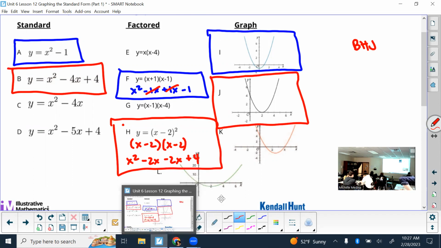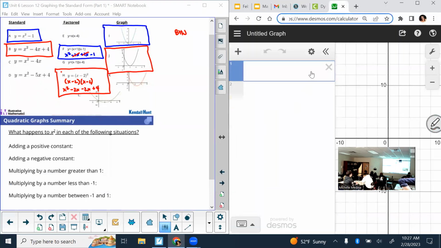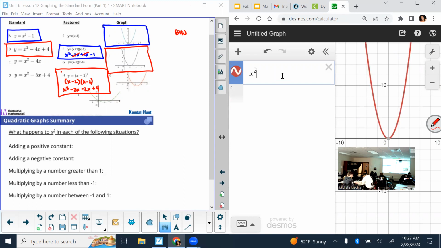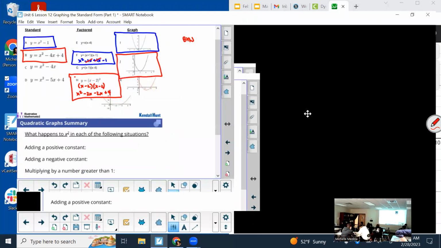But yeah, if you do type that one into Desmos, and you could type in the factored or the standard or both if you want. All right, it does move to the right of the origin, and the vertex is still on the x-axis, so that best matches that one. Good so far? Sorry, I didn't realize how short on time we were.